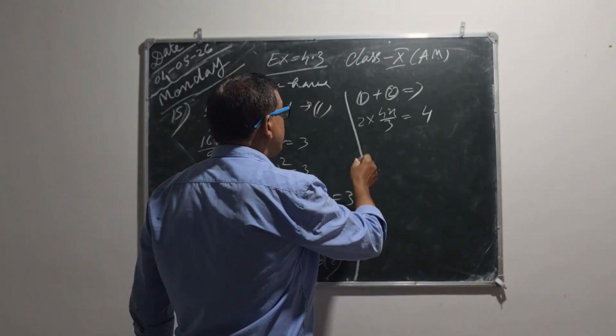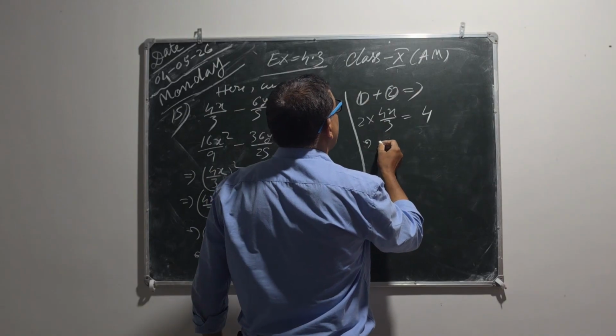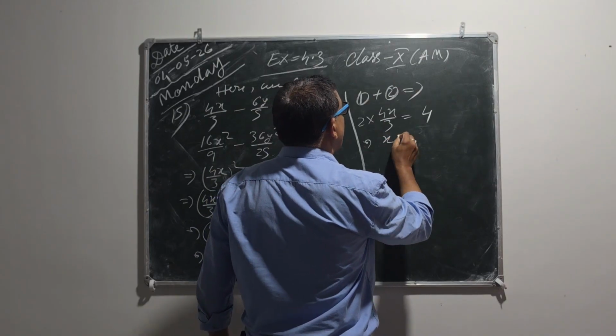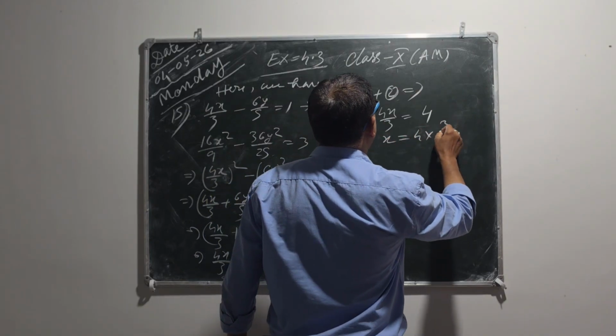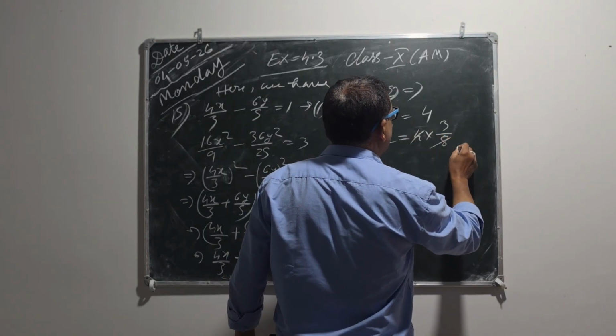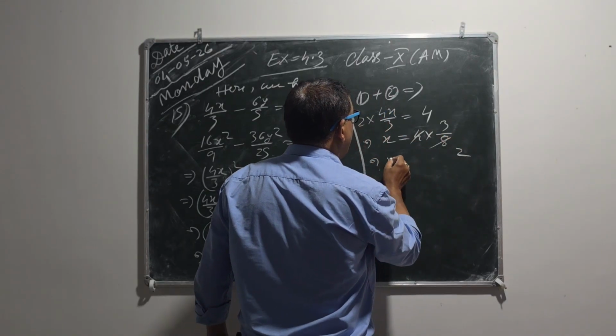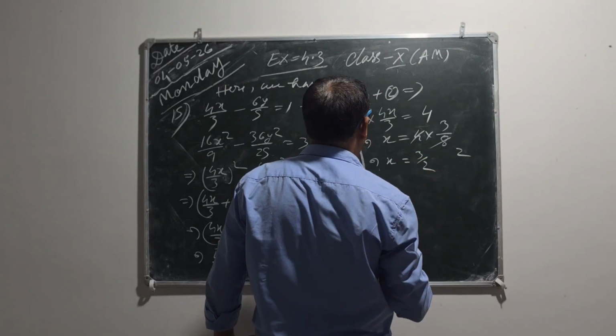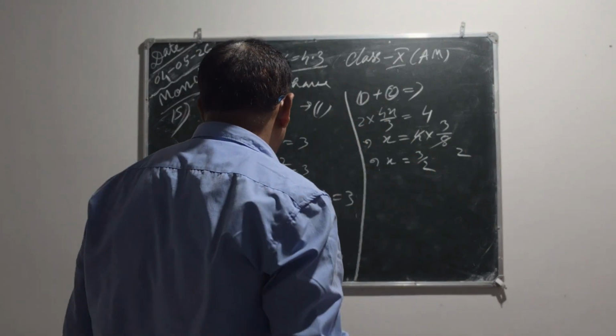That implies x equal to 4 into 3 goes up, 2 fours are 8 comes down. Let us cut it, then 2 times. So finally x equal to 3 by 2.